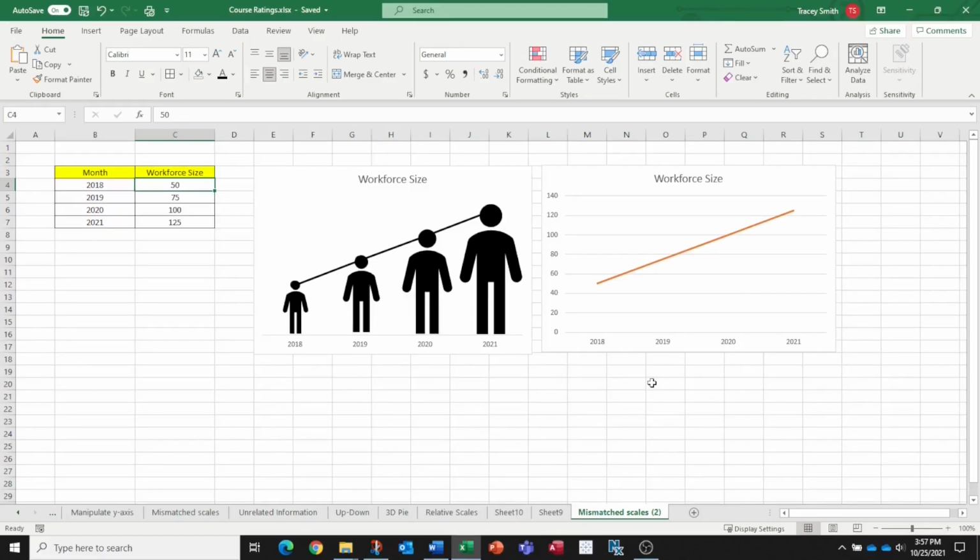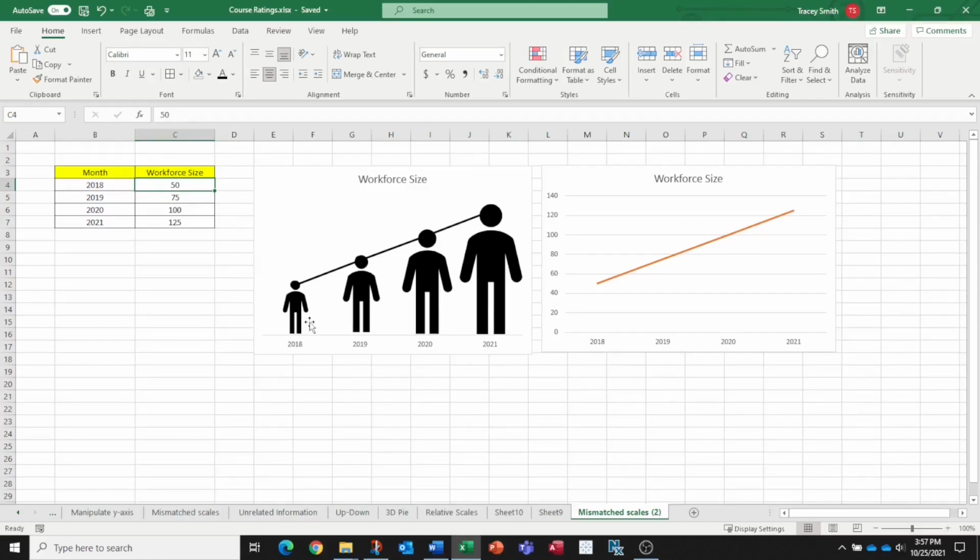What we see in a lot of infographics, they're kind of charts, they're kind of infographics, they cross the line. We pick an icon to represent that data point. So in this particular case, suppose they want to get a little bit cute with their image, make it a little more interesting.